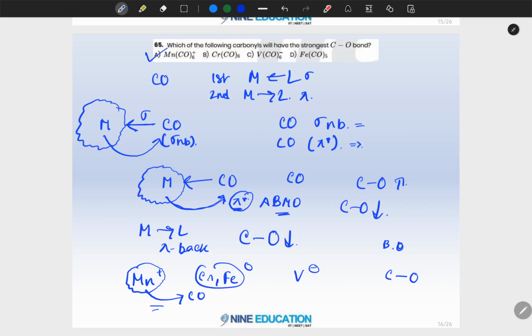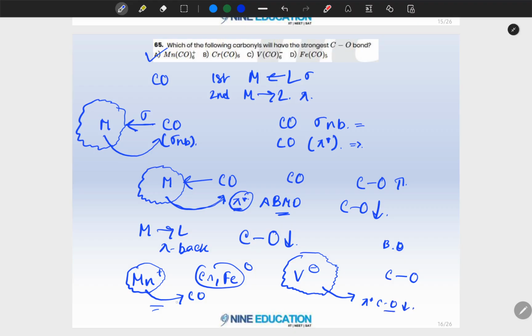In the third complex, in vanadium, the electron density is very high, and because of that, pi back bonding will be very prominent. The electron cloud will be shifted to the pi star orbital of CO, and there will be more decrease in the CO bond order.